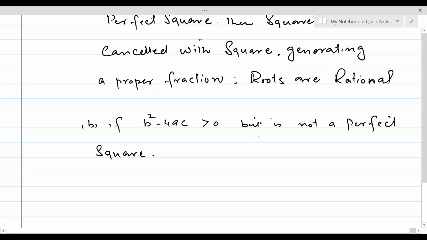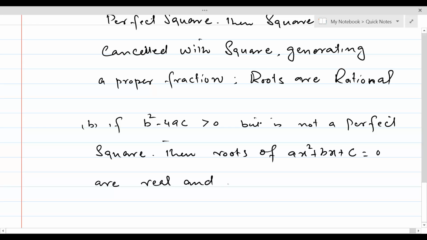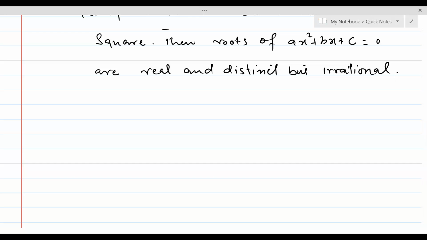So if b square minus 4ac is greater than 0 but not a perfect square, then roots are real and distinct, but irrational. These criteria should always be kept in mind while deciding the nature of roots.